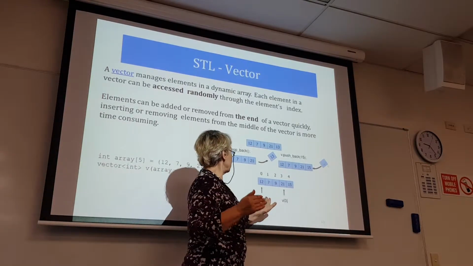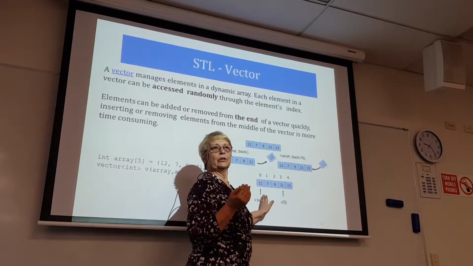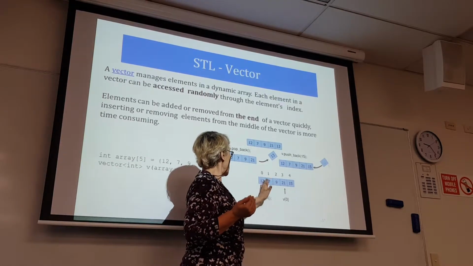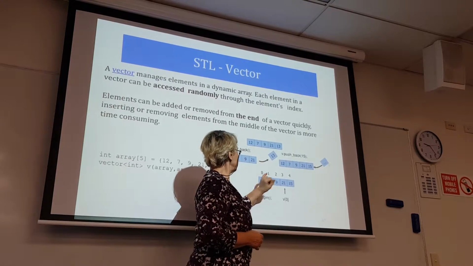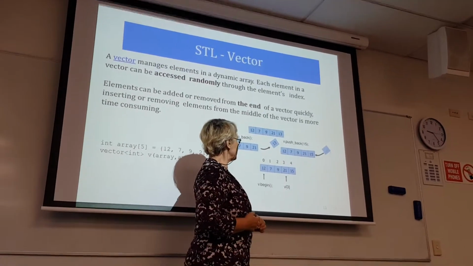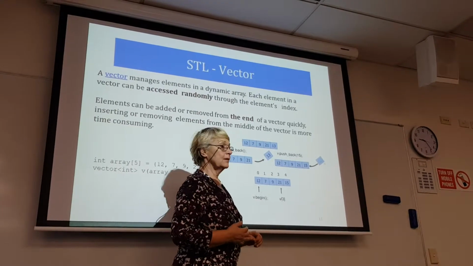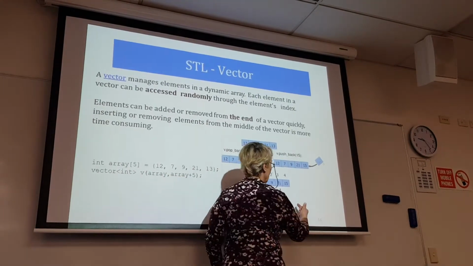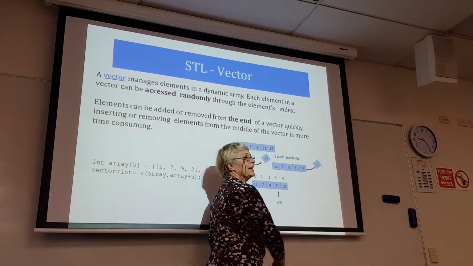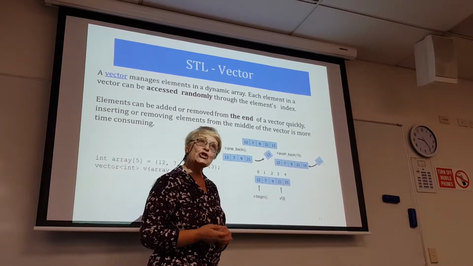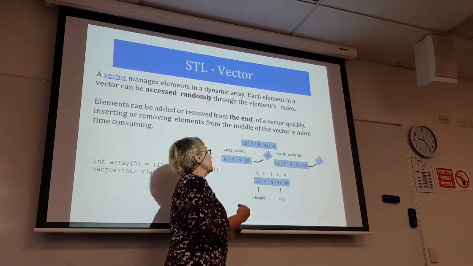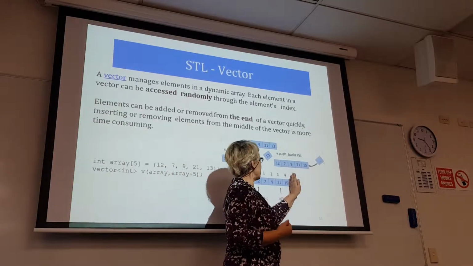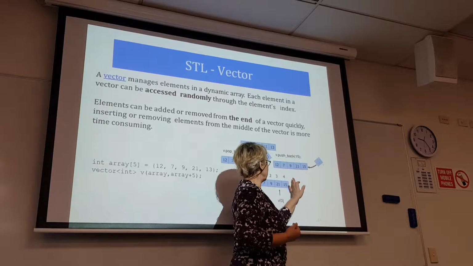Vector comes with a begin method, which gives you access to this element, and end. The end points to the location after the last meaningful element. So be aware, the end points here.